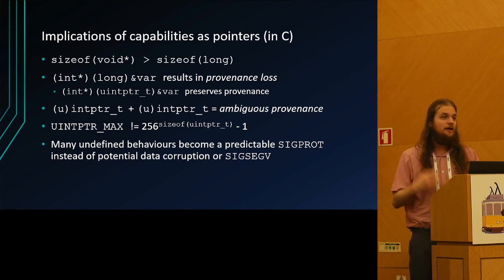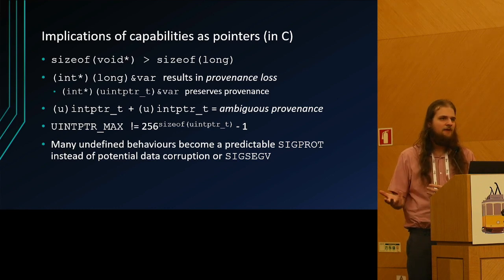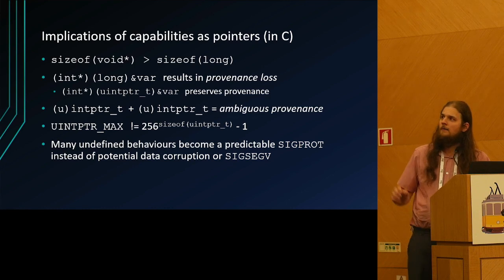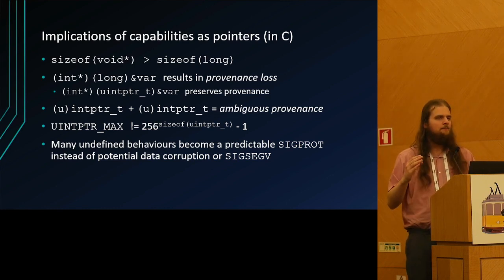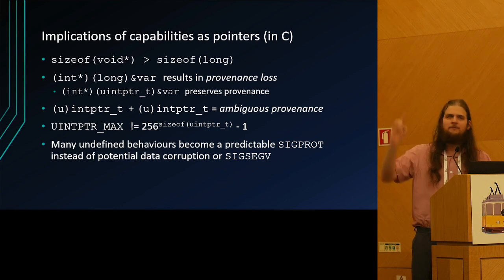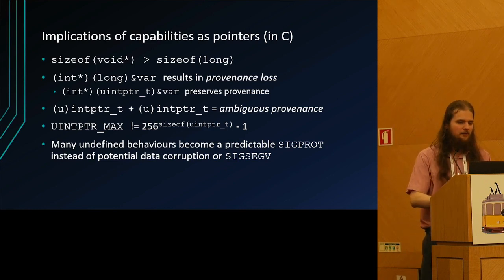And when you try to dereference your pointer after casting it back, you'll wind up with a tag violation because you've lost that provenance. The specific types uintptr_t and intptr_t store an integer, but as a capability, so they actually preserve provenance. So you can use that particular integer type, but any other integer type is going to lose provenance.